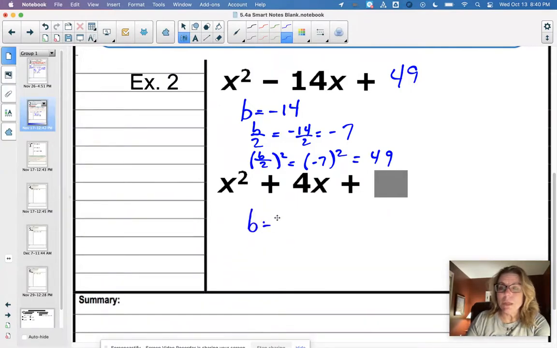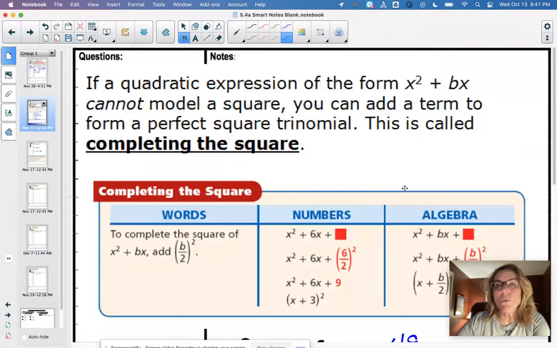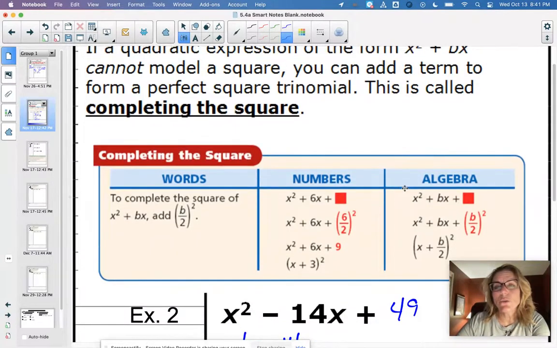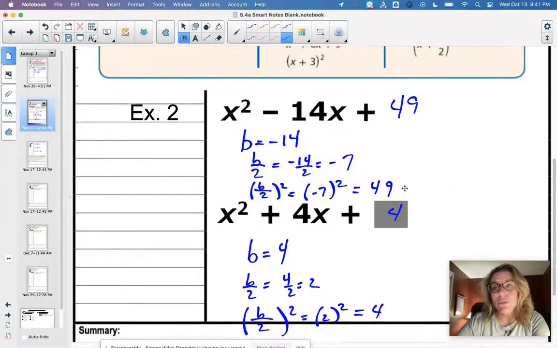Same thing down here. b is equal to 4. b divided by 2 is going to be 4 over 2, which is 2. And b over 2 squared is going to be 2 squared, which is 4. And that's what's going there. So all we're practicing here is to create a perfect square trinomial that we can use when we are completing the square. We haven't gone through a whole example of completing the square yet. We're just practicing adding the b over 2 squared.